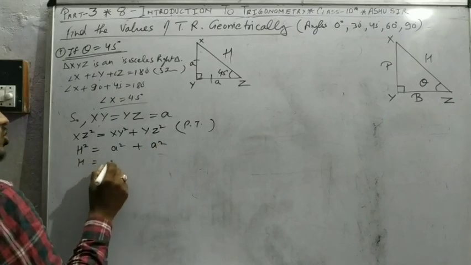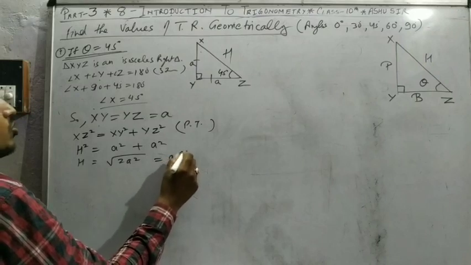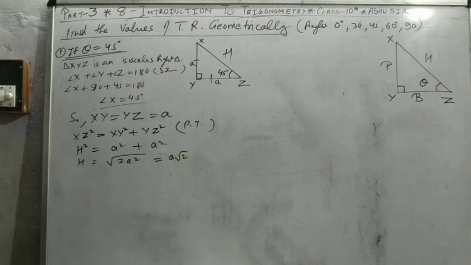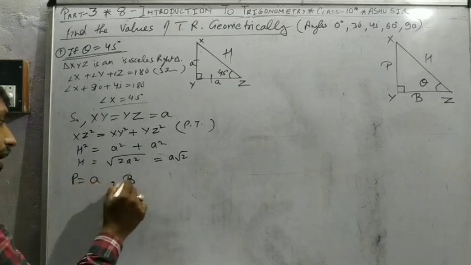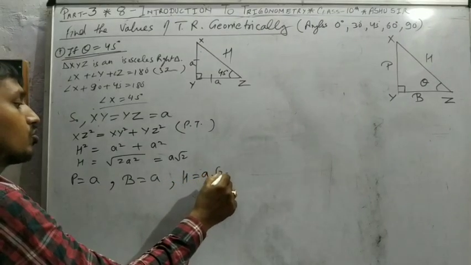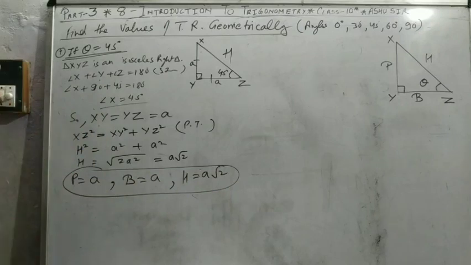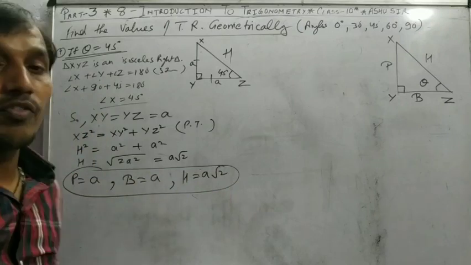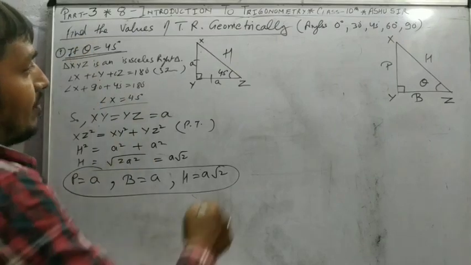So h is equal to root of 2a square, that is a root 2. Means perpendicular a, base a, hypotenuse a root 2. Using these values of this triangle, we find all trigonometrical ratios at 45 degrees.